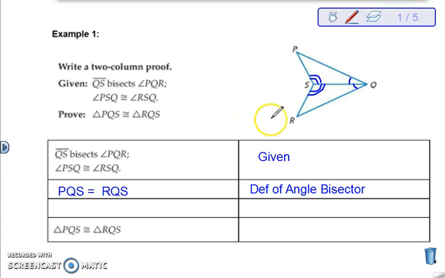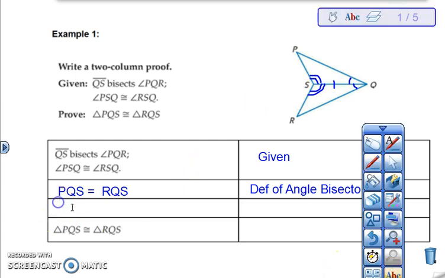Now all I need is a side that is in between those 2 angles. If we look, we notice that QS is actually in both triangles. So we're just going to say that QS is congruent to QS, and we know that because of the reflexive property.